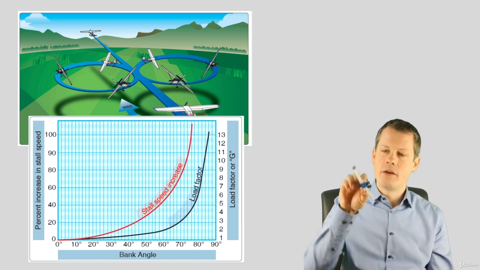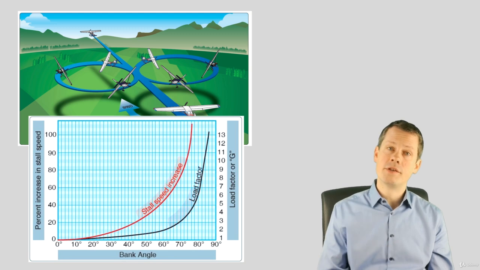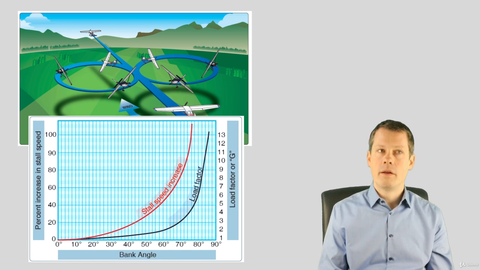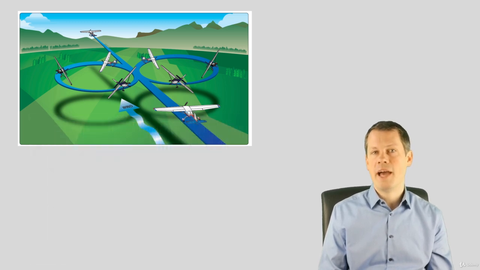Now in a 60 degree bank turn, your load factor is already 2. So you're actually pulling 2 Gs. Actually your apparent weight becomes double. And this increases your stalling speed by 40%. Now this is a considerable amount. Just imagine your normal straight and level stalling speed would be 50 knots.